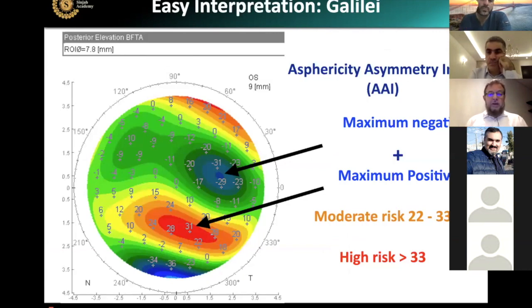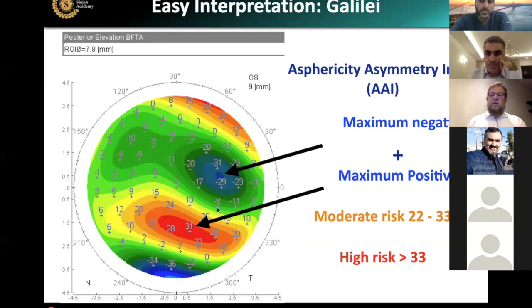Alternatively, on the Galilei, the elevation map is usually studied based on the best fit toric aspheric. And there is an index provided by the Galilei called the Asphericity Asymmetry Index, AAI, which looks at the posterior elevation map by the best fit toric aspheric, as I mentioned, and it measures the difference between the highest point and the lowest point on this elevation map.